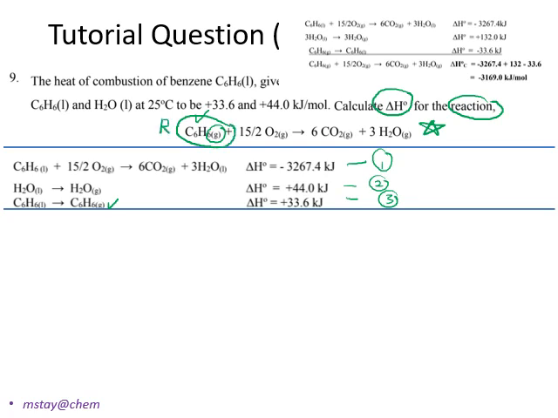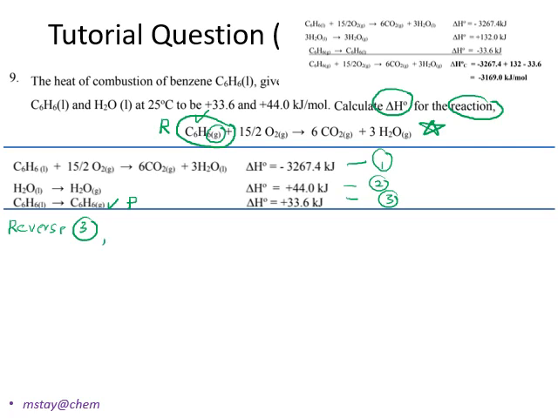But in the thermochemical equation here, the benzene gas is in the product. So they are at different positions. One is the reactant and one is on the product side. So what do we have to do with thermochemical equation 3? We need to reverse equation 3.